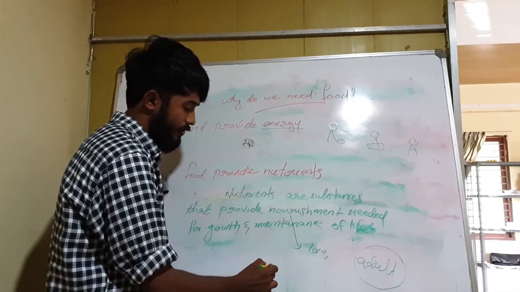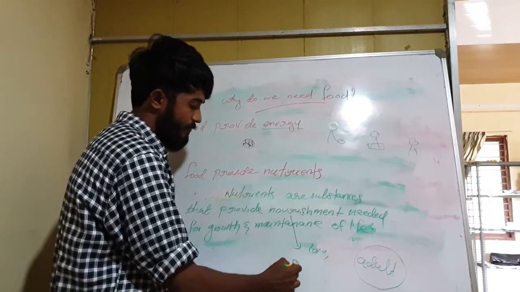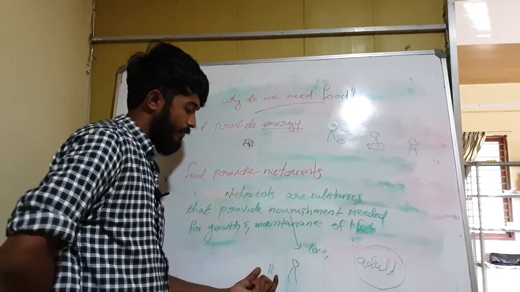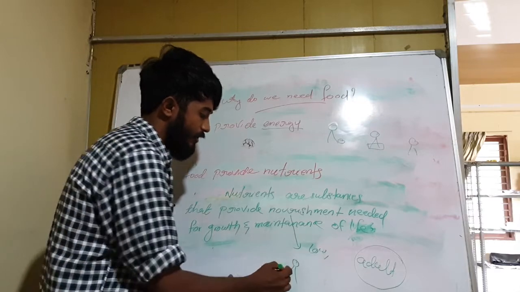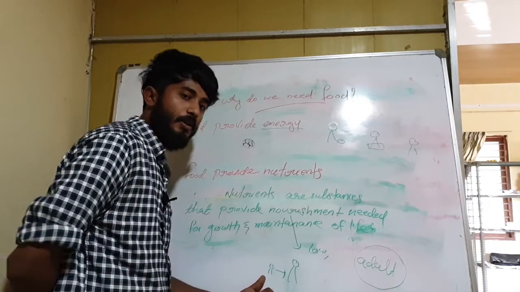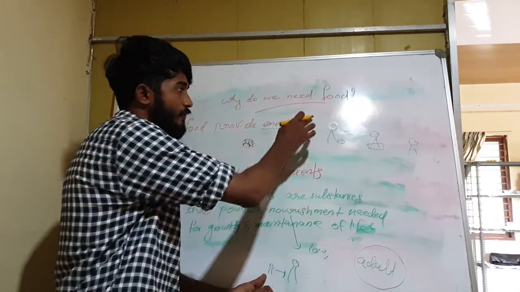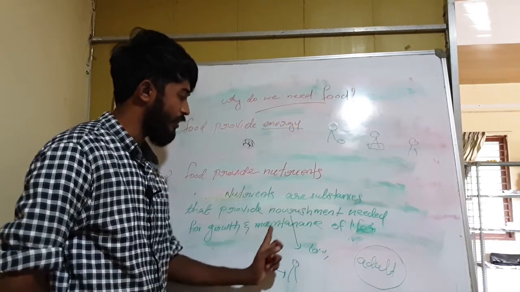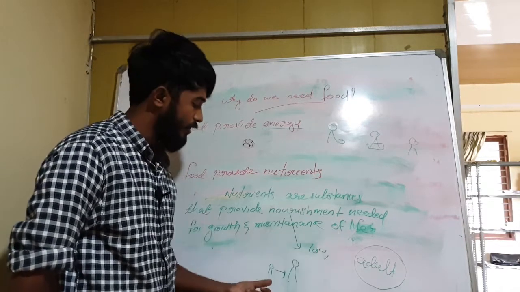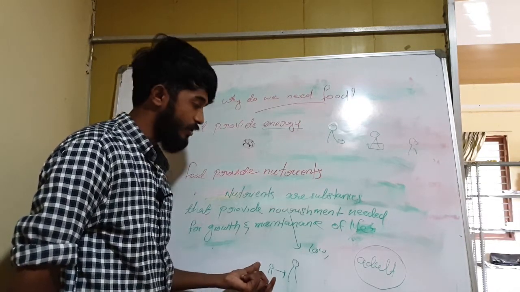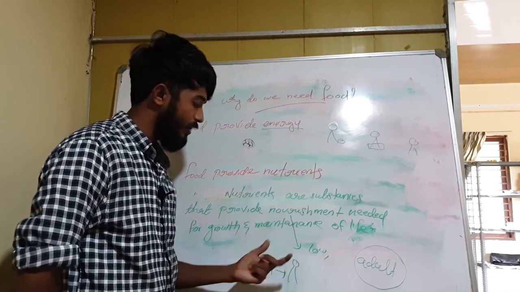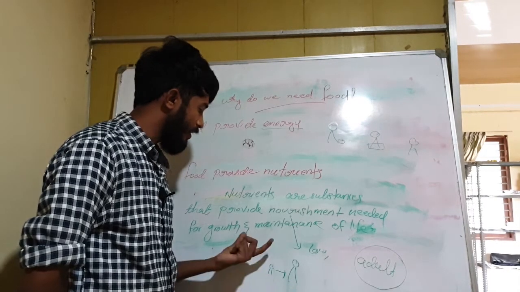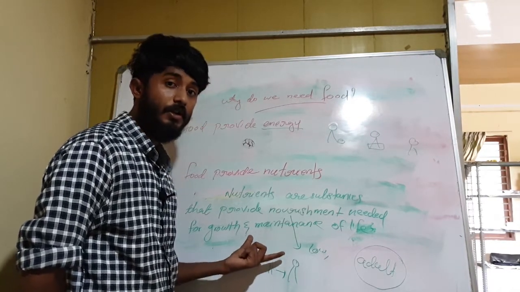Initially you were small and later you become an adult, so there is a transformation from small to big. How does this happen? Because of food. Food provides nourishment, needed for the growth and maintenance of life. By having food items you are nourished and you become an adult. That's why we have growth and development in our body.